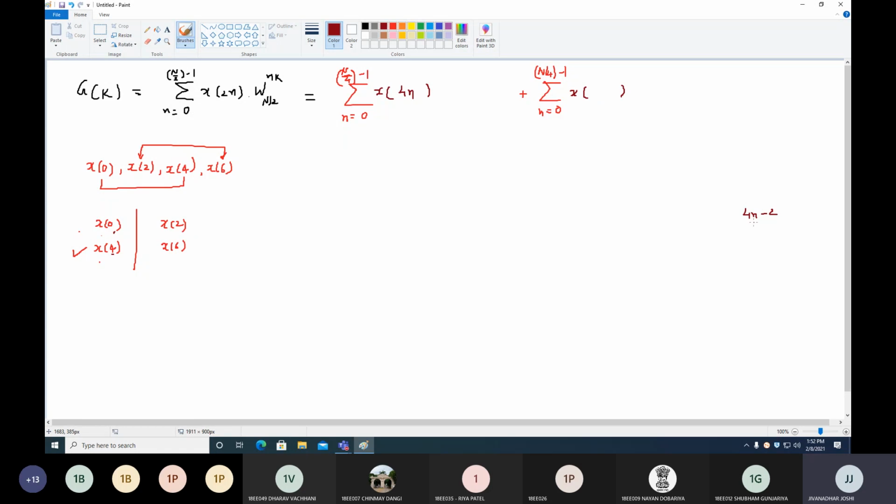Let's try n equal to 0, what comes? Minus 2 comes. What do we need to bring? Plus 2 we need. So what comes? Plus. Say the whole thing: 4n plus 2. Yes, it should be 4n plus 2. Okay, 4n plus 2.